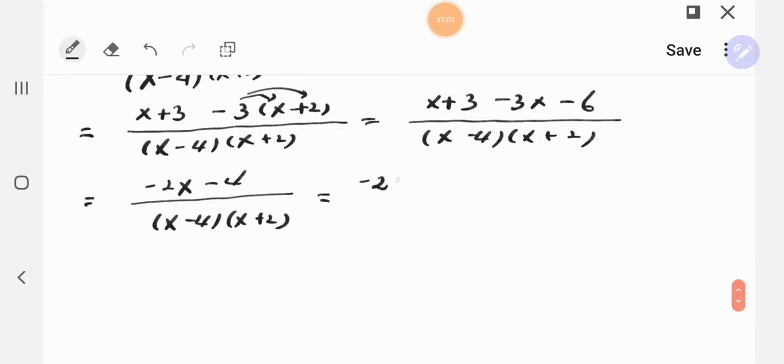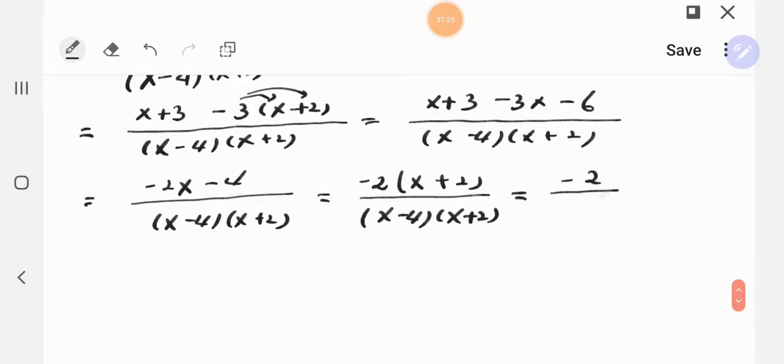So factor out negative 2, then we have x plus 2. Denominator is x minus 4 and x plus 2. From this, we can cancel out x plus 2. So we have negative 2 over x minus 4.